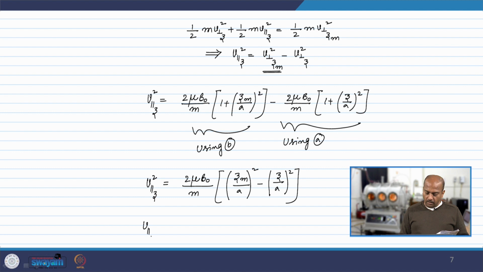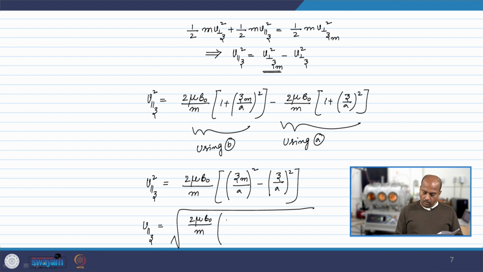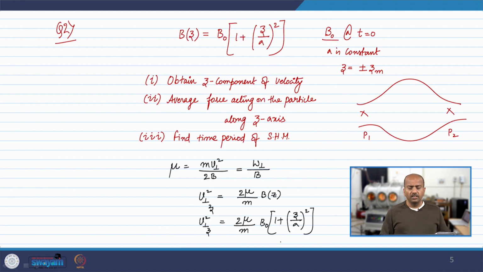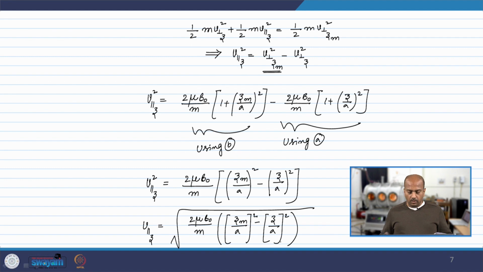So, the non-zero velocity component along the z axis is this. This is the answer for the first question: obtain the z component of velocity. This is going to be the z component of velocity, right.